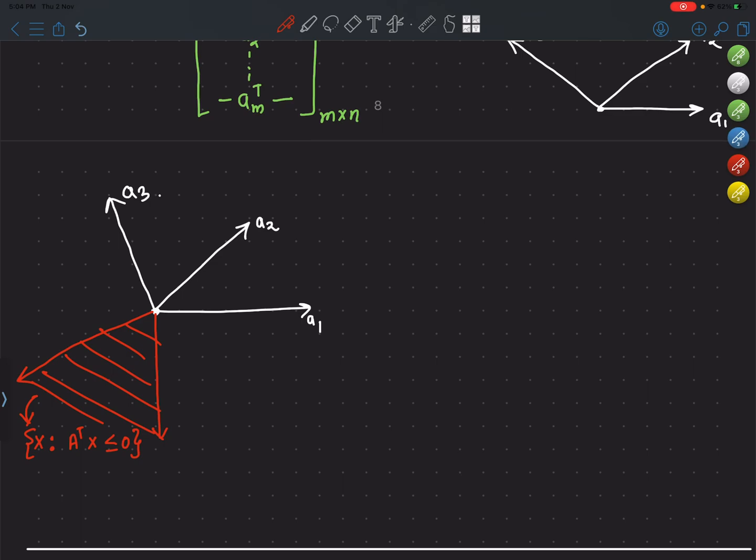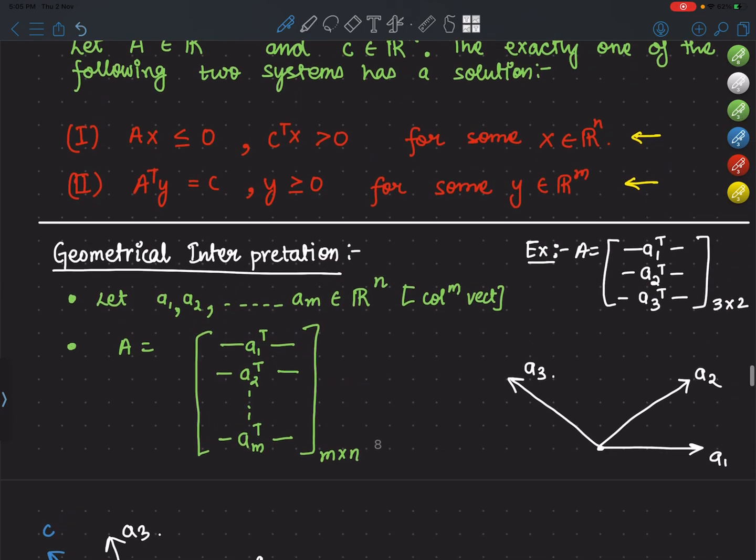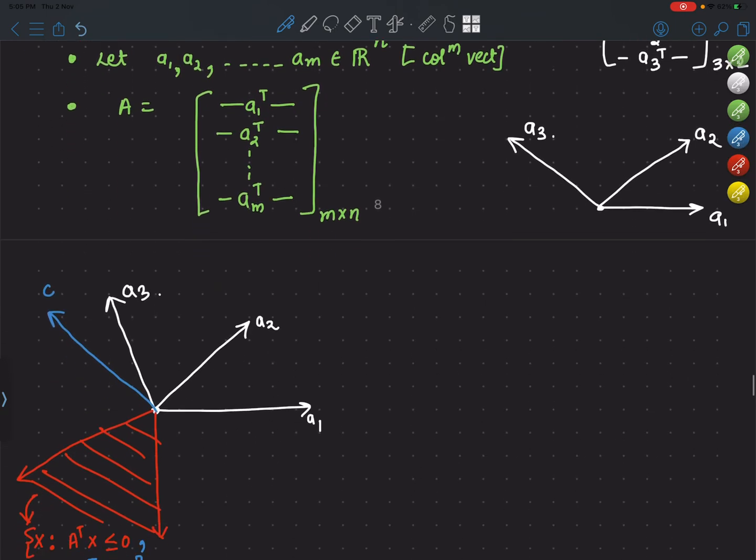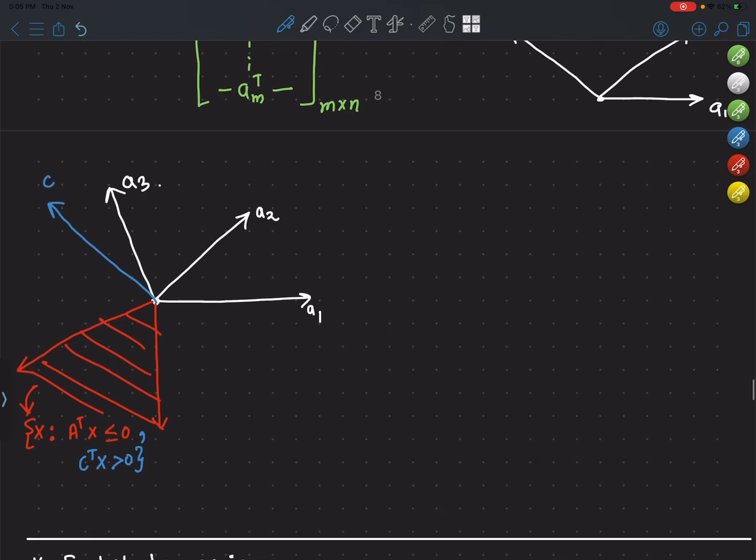Now let c be a vector here. We want to represent c transpose x greater than 0. This is the first condition we are talking about. This is A, this is c. So what does c transpose x greater than 0 represent?